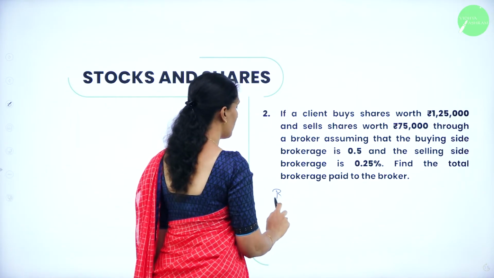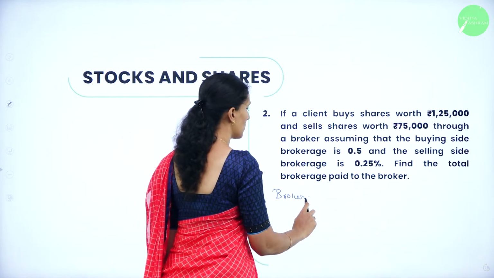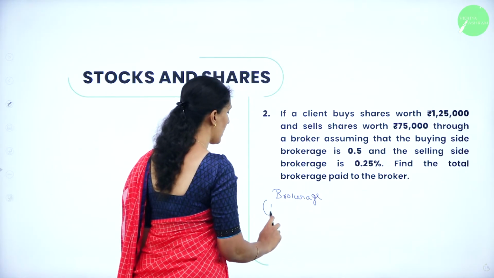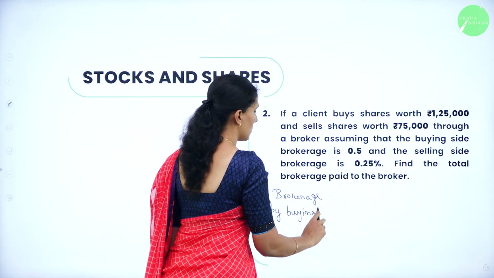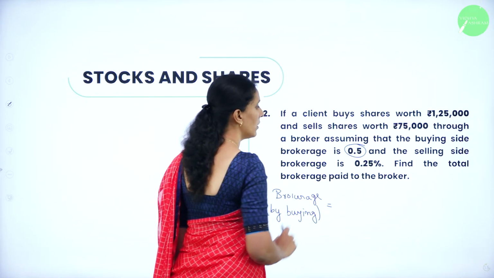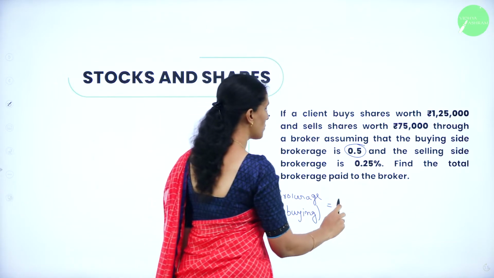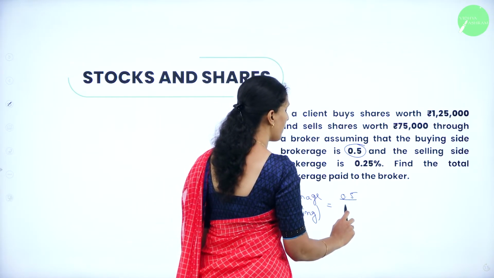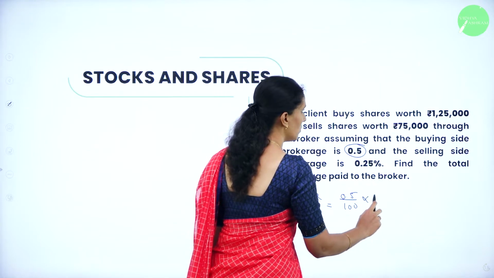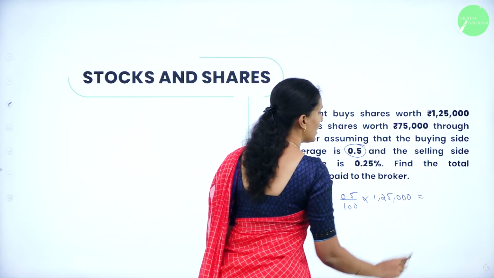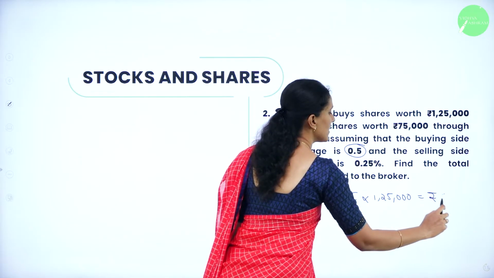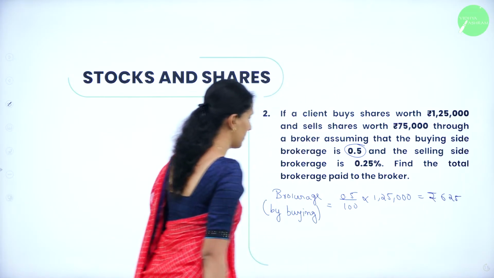So let's calculate brokerage. This is by buying. To buy, he needs to give a brokerage of 0.5 percent. Therefore, it is 0.5 over 100 into 1,25,000. So the value is equal to rupees 625.